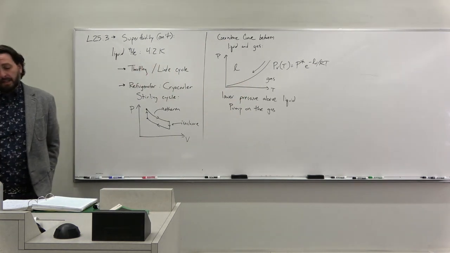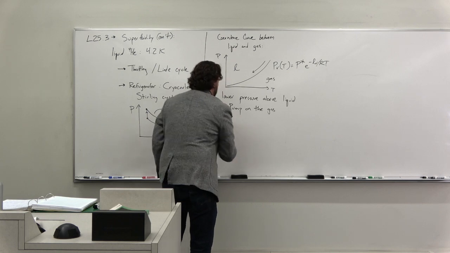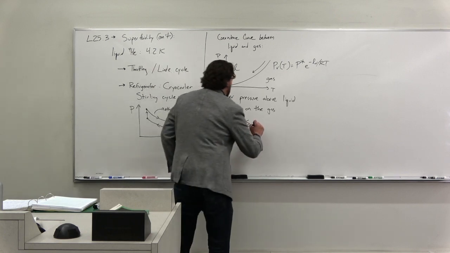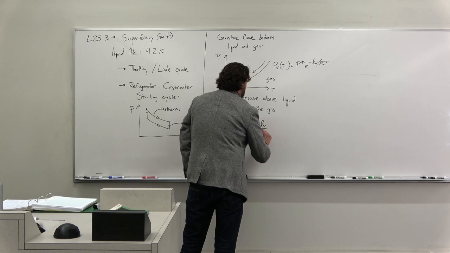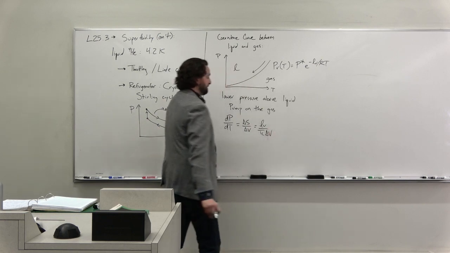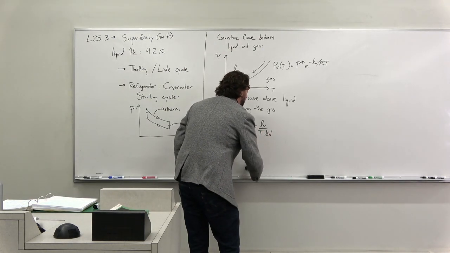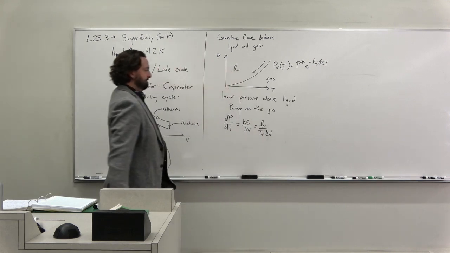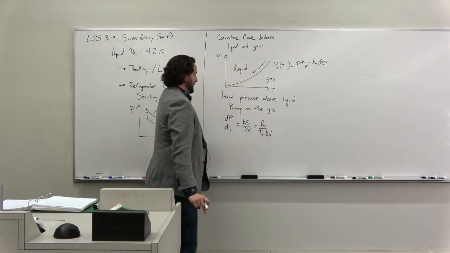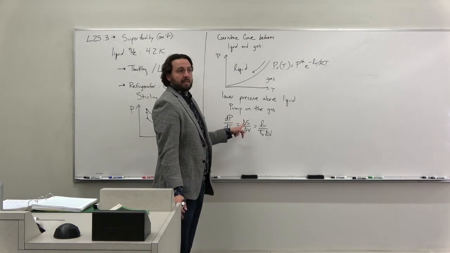And so what you can really think of that is, remember our Clausius-Clapeyron equation, dP over dT was delta S over delta V. And this was L_V over T delta V. Along the liquid to gas coexistence curve, what happens when you lower the pressure is you can really think you're actually changing the entropy of the system.